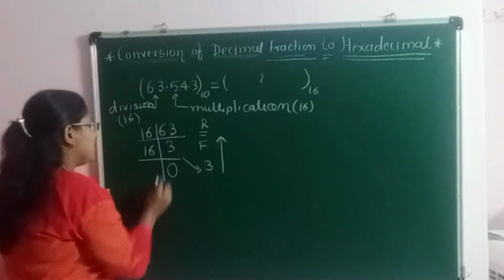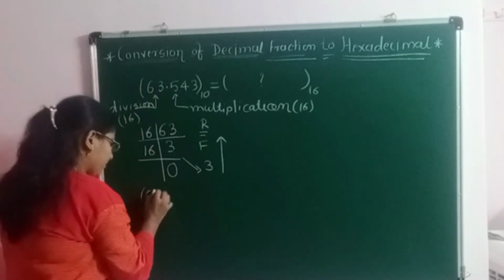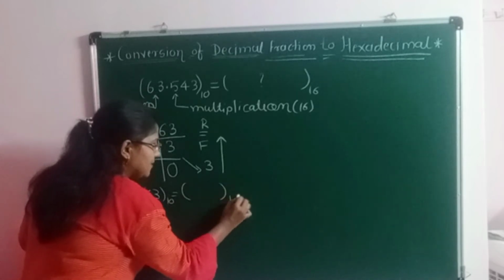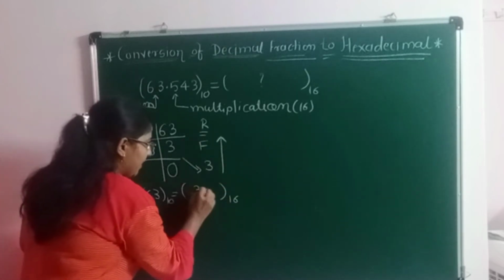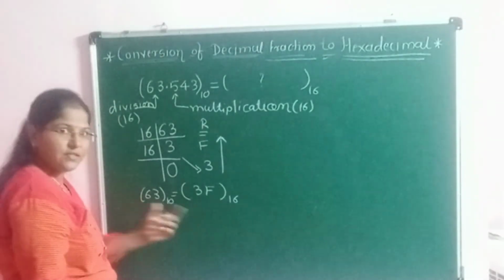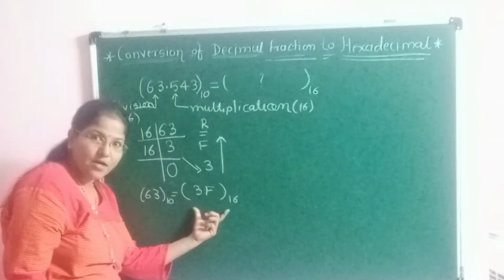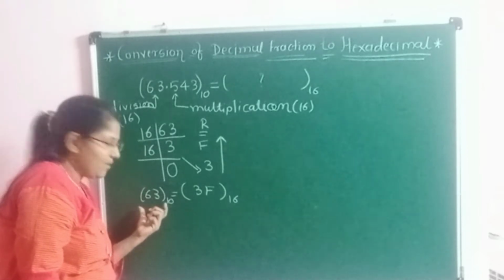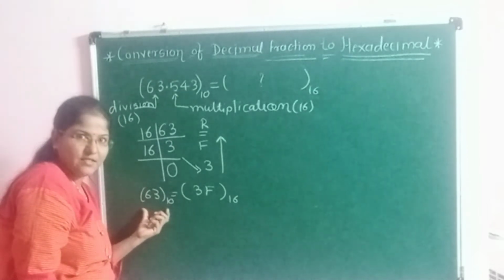So this 63 is a decimal number and its equivalent hexadecimal number will be 3F. This is the hexadecimal equivalent of the given decimal number, but only the integer part is considered here.